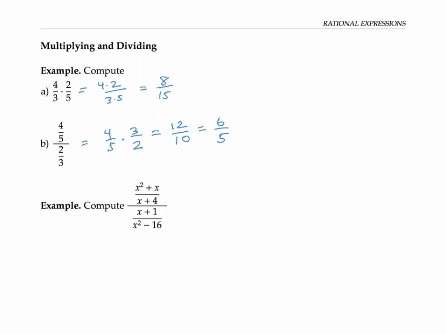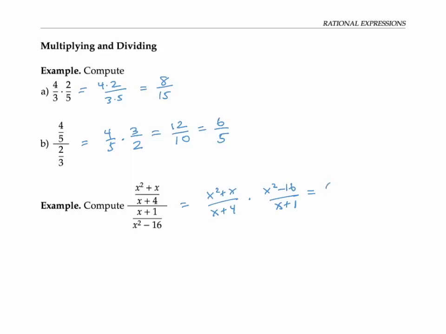We use the same rules when we compute the product or quotient of two rational expressions with variables in them. Here we're trying to divide two rational expressions, so instead we can multiply by the reciprocal. I call this flipping and multiplying.